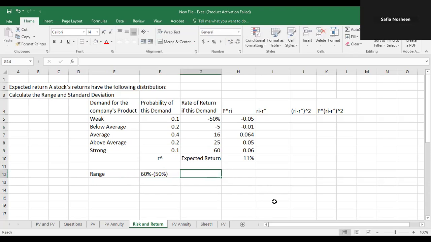So the range is 110%. So this is the answer for the range.